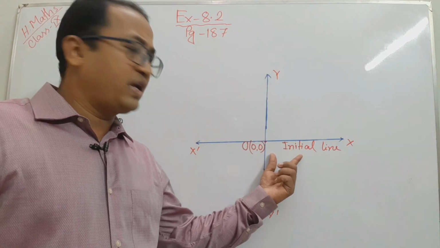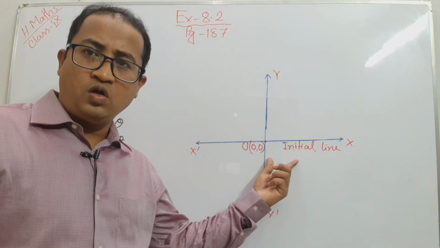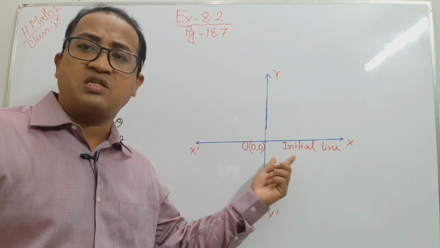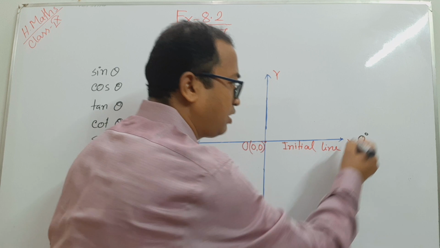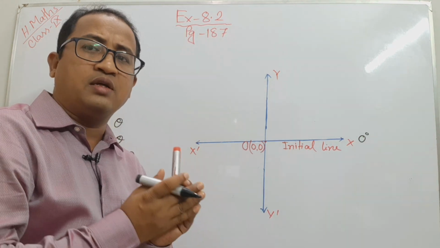So OX is the initial line, and the degree will start from this line. So we can consider this is the starting point, that is 0 degree.